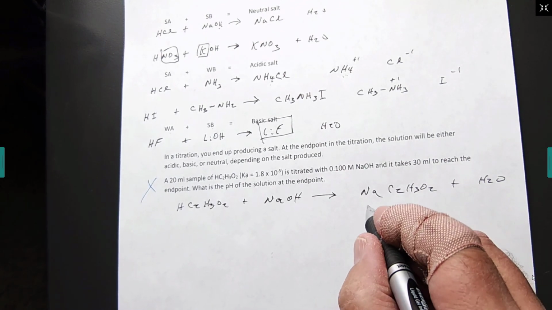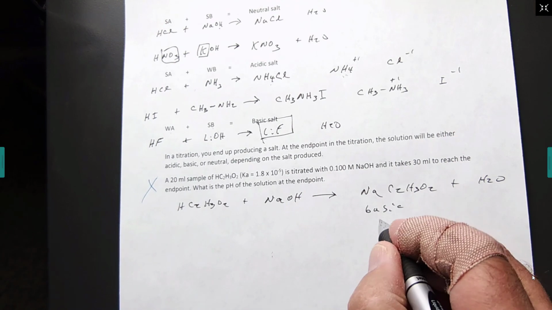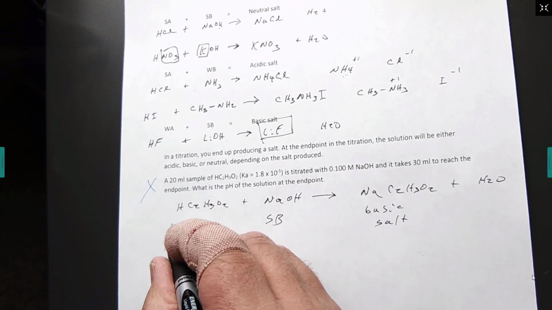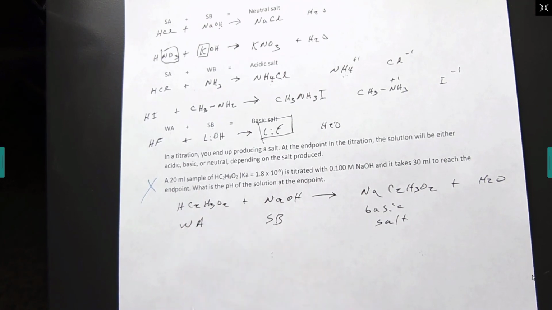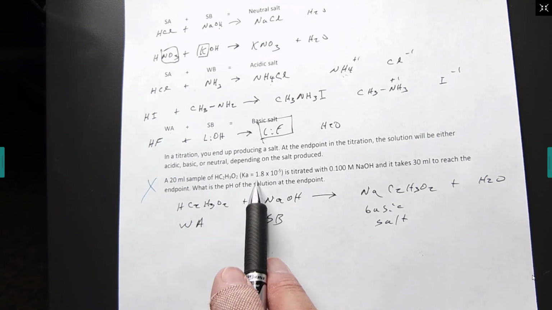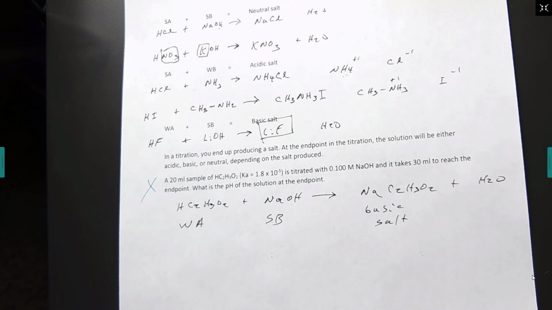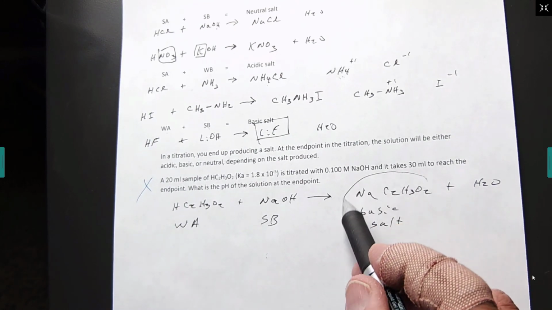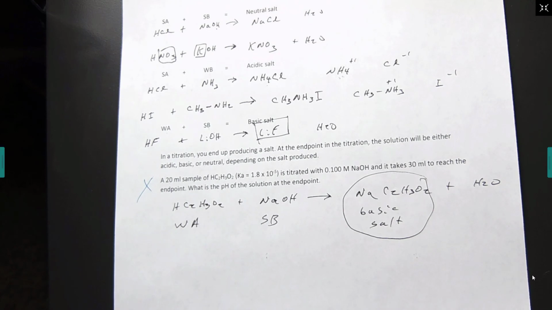This salt is a basic salt because you're reacting a strong base with a weak acid. How did I know it's a weak acid? Oh, they gave me the Ka value for it, the acid ionization constant. So you know the pH is going to be above 7 because when all is said and done, what you have here is a solution of a basic salt. So it's going to have a pH above 7.